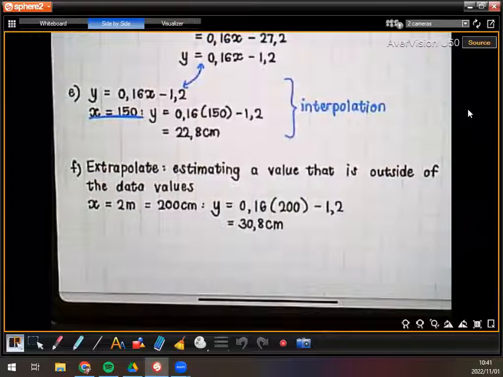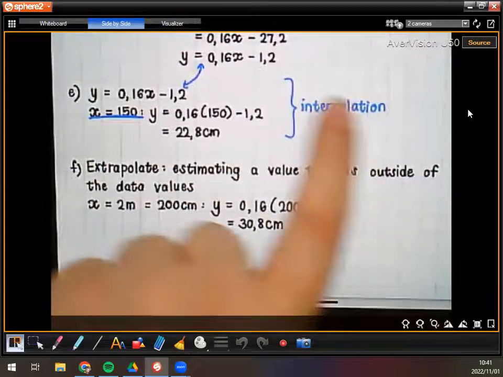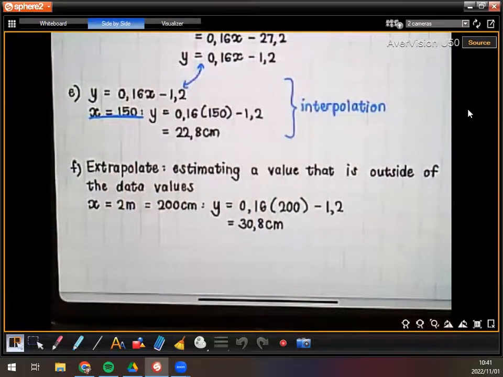Extrapolate is when you estimate the value that's outside of your other data values. When you do interpolation, that is when you estimate a value that's within your data values. So our graph went from 130 to 180, so 150 was in that range.